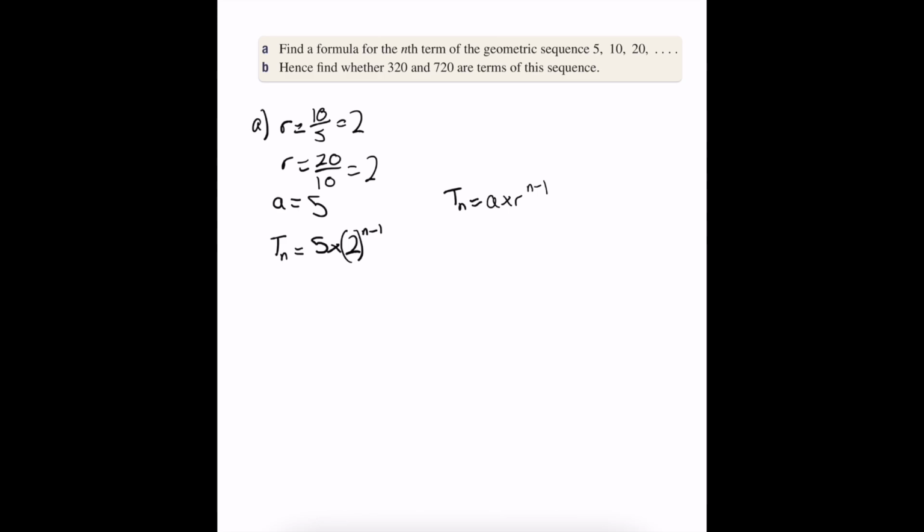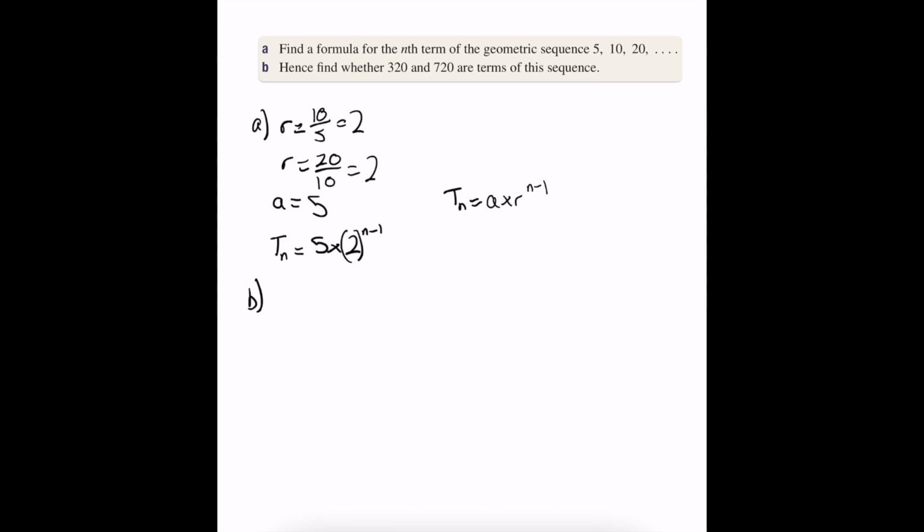So that's part A. Now part B says, hence find whether 320 and 720 are terms of this sequence. So to work this out, we need to see if there is a valid n for this equation to work.